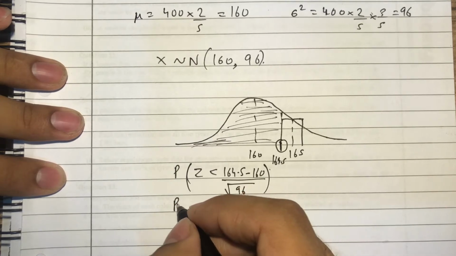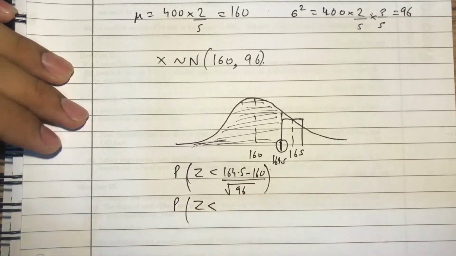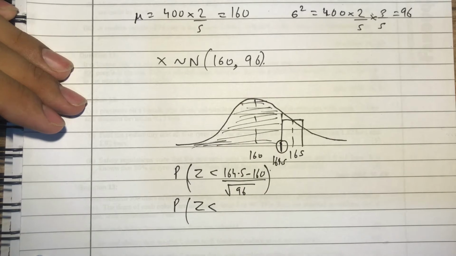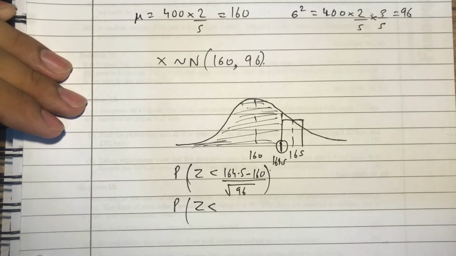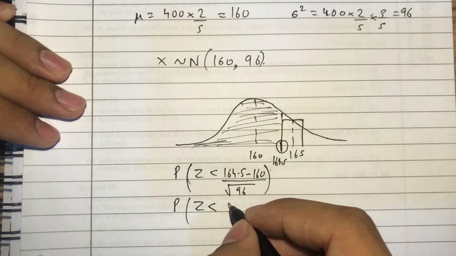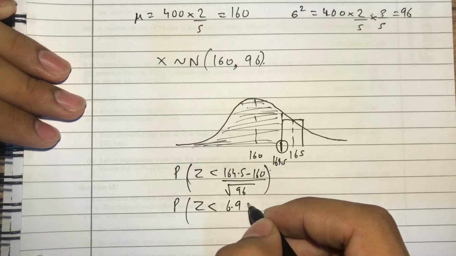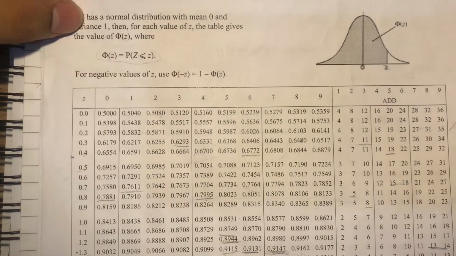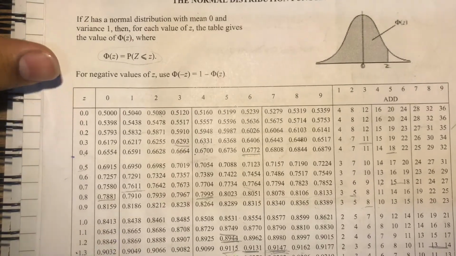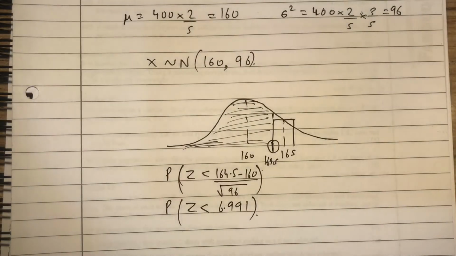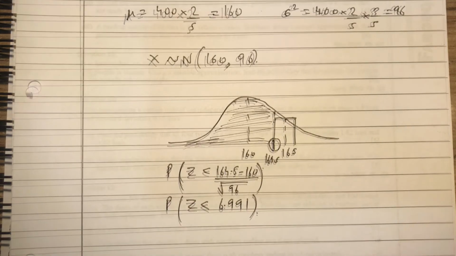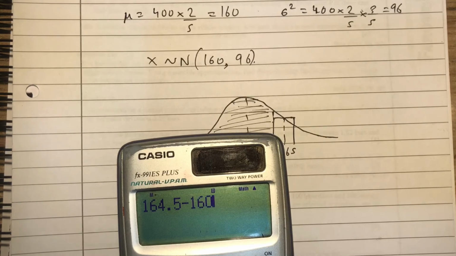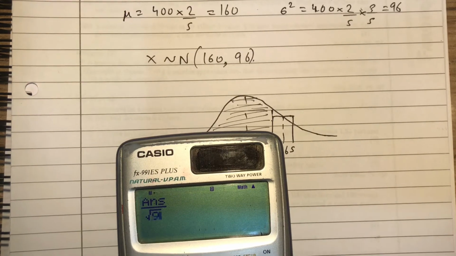So probability of z less than... Made a mistake. 164.5 minus 160, answer upon root 96.